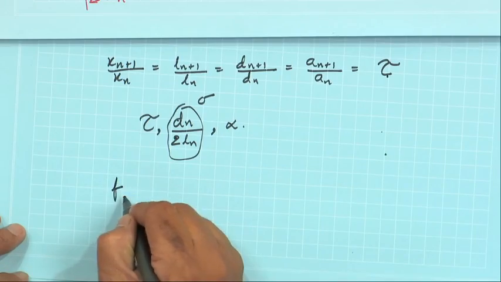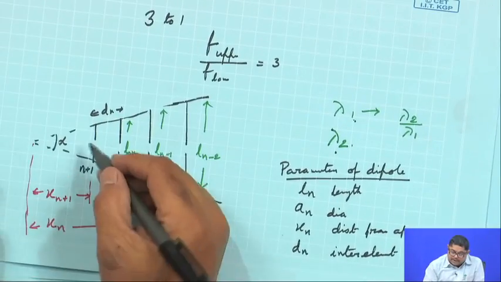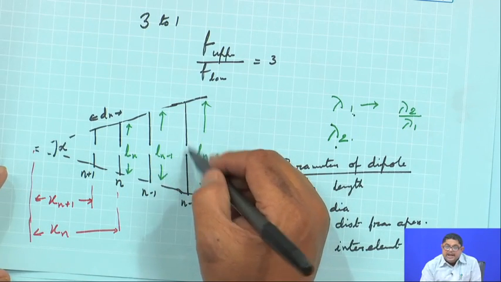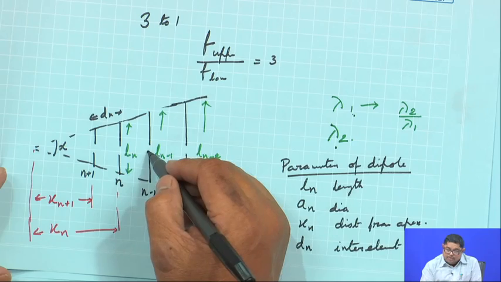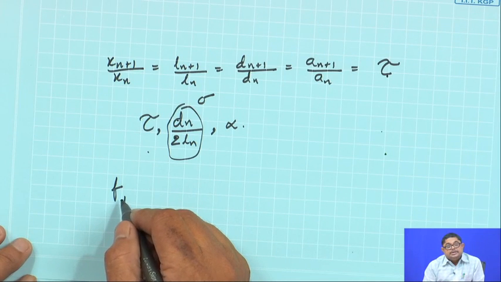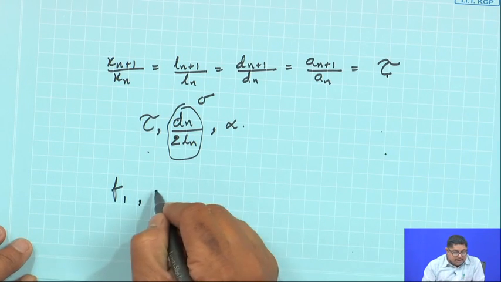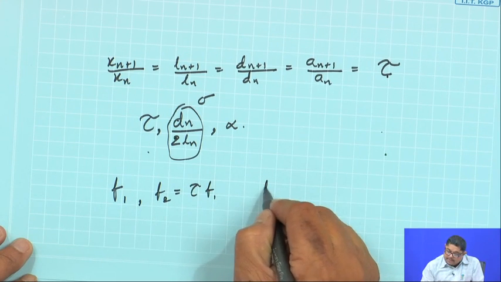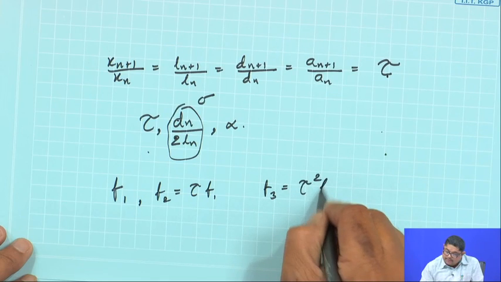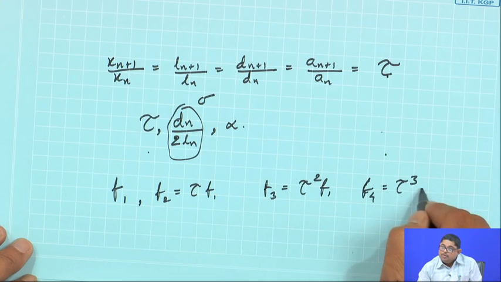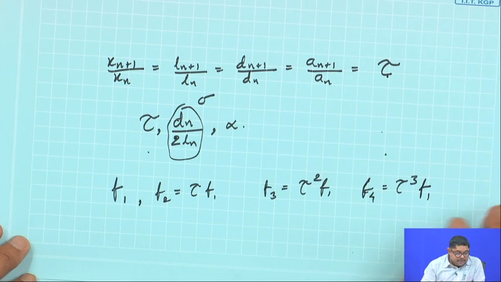That means, suppose the first one here is f1, then this one will be tau into f1. So, if this array operates satisfactorily at f1, then it will also operate at f2 equal to tau f1, f3 equal to tau square f1, f4 equal to tau cube f1, etc.